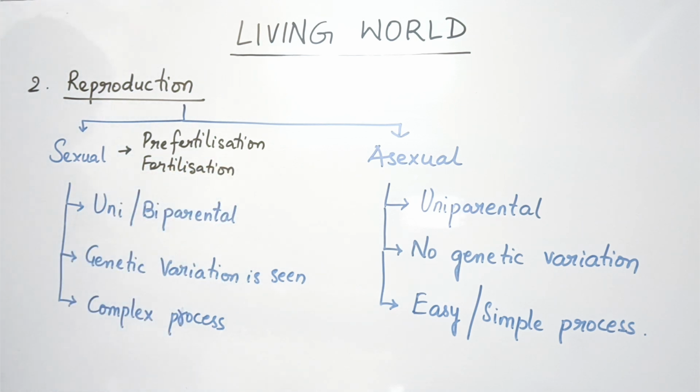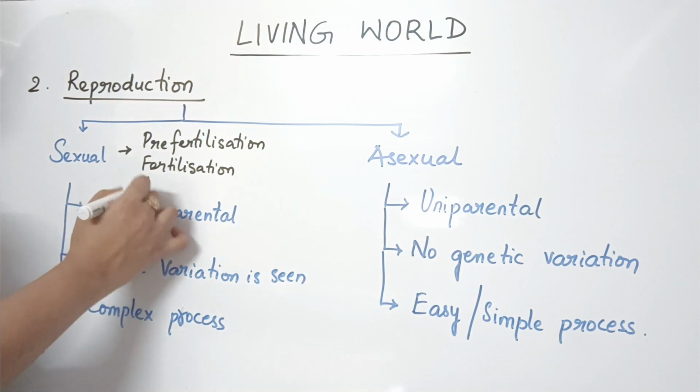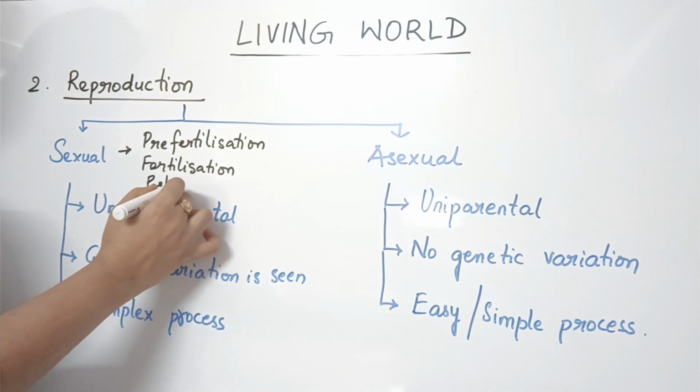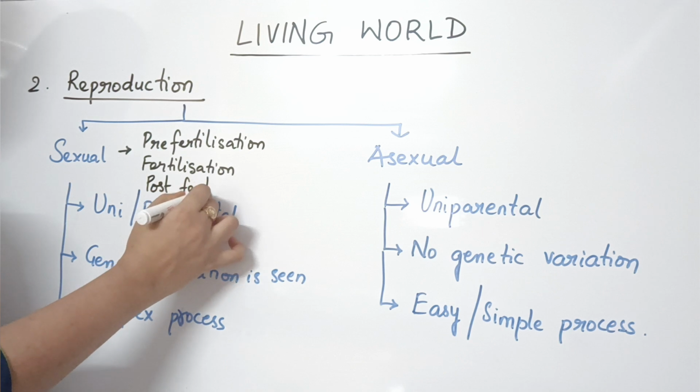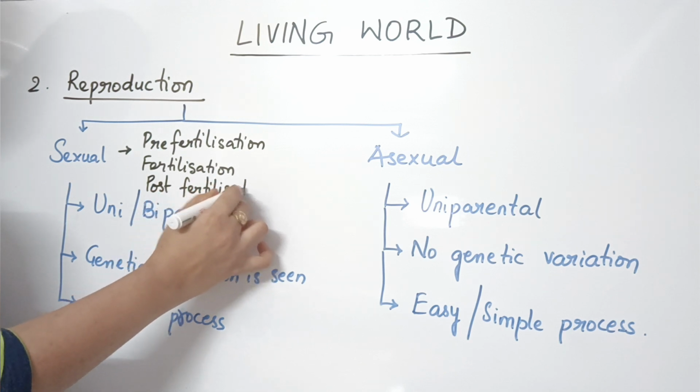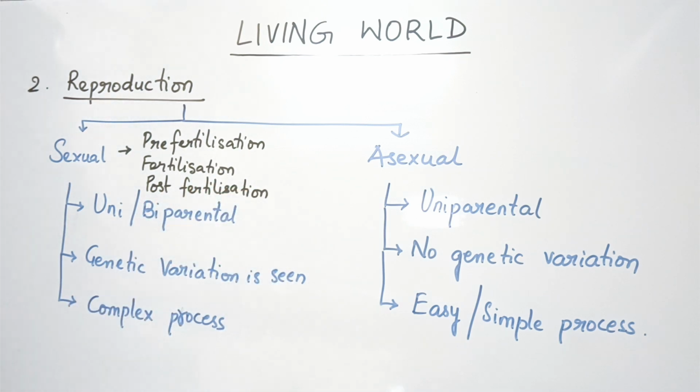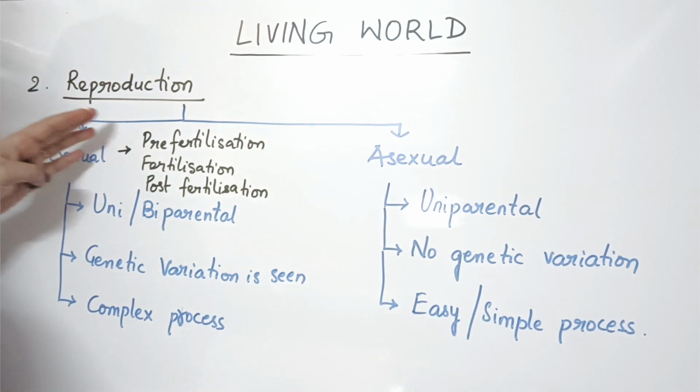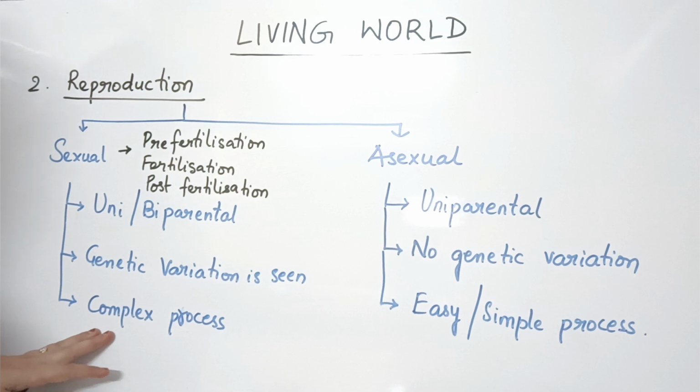And the last is post-fertilization, where you can find the formation of the zygote. These are the steps involved in sexual reproduction, and because of these complex steps, we call it an elaborate process, or a more complex process compared to asexual reproduction.